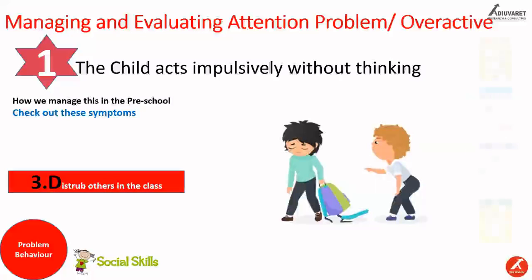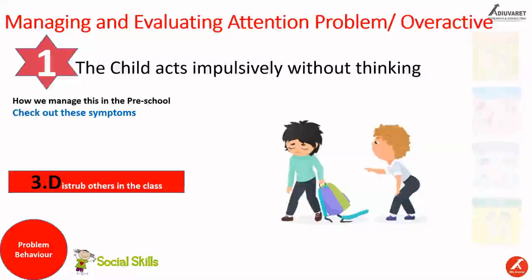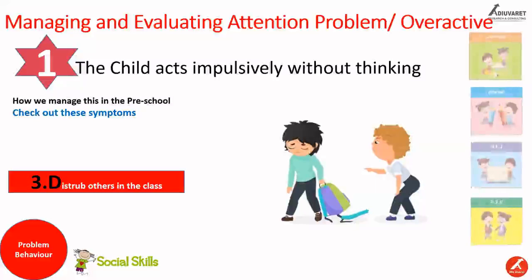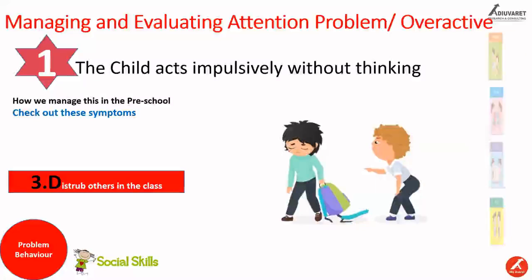It could be just pulling their shirts, pulling their possessions, pulling their hair, or just poking them. So any kind of behavior which disturbs others, that is also a kind of impulsive behavior of the child.